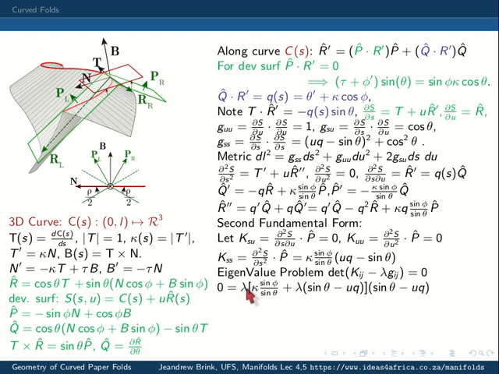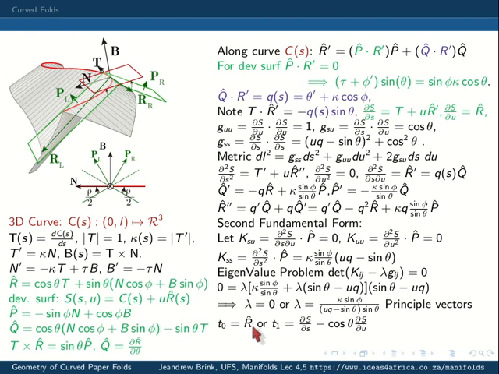We find that one of the eigenvalues is always 0, and that eigendirection is just the ruling direction, and another eigenvalue has a value, so lambda is 0, or lambda is equal to this combination. The principal vectors you can work out: the one associated with 0 is just the r hat, and the second one, there are various ways of writing it, but you eventually get that it's simply proportional to Q.